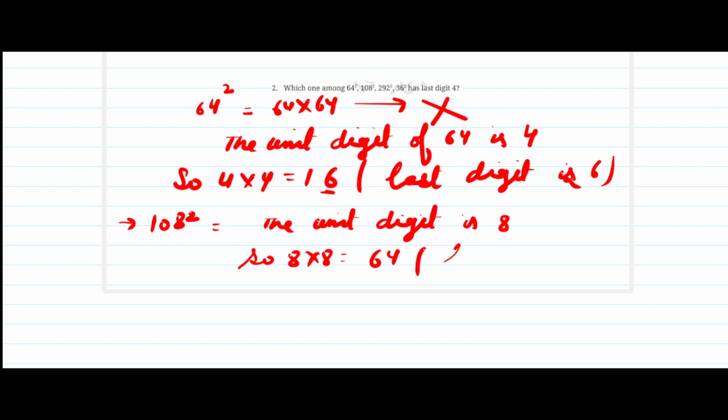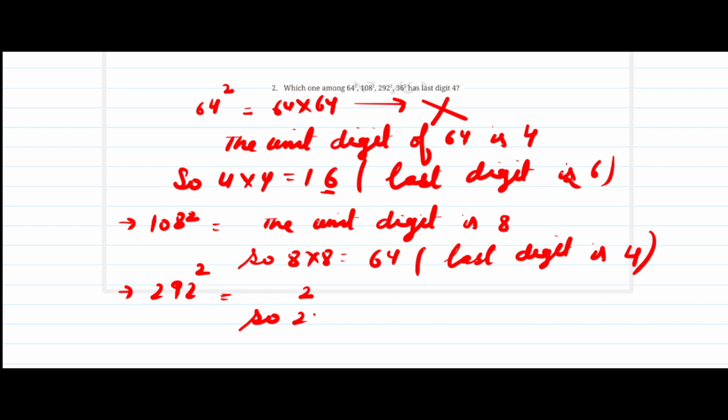And here the last digit is 4. We get the answer, right? And similarly for 292 square, the unit digit is 2. So 2 into 2 gives you 4. And this is the last digit. Get the answer here also.